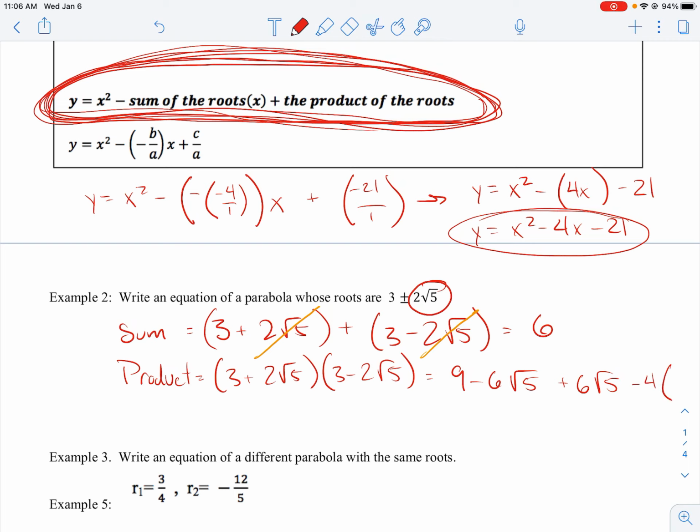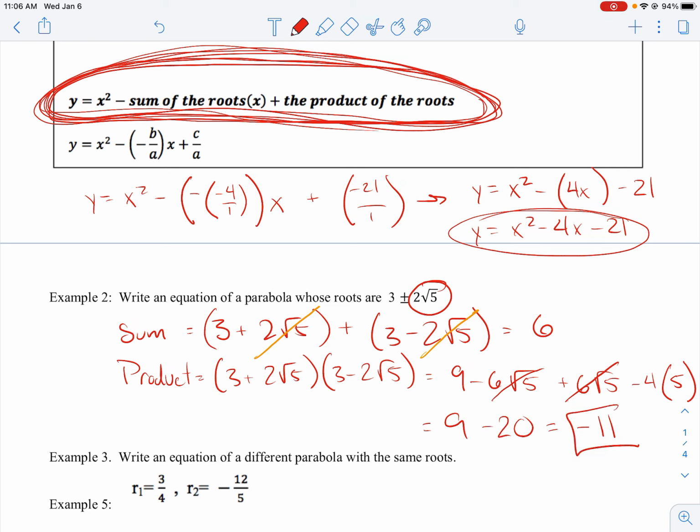And remember, square root of 5 times the square root of 5 is just a 5. And so finally, our answer is 9. These get canceled. Minus 20, which is a negative 11. Okay? So that's our sum.